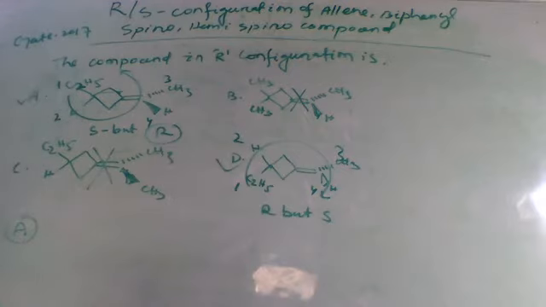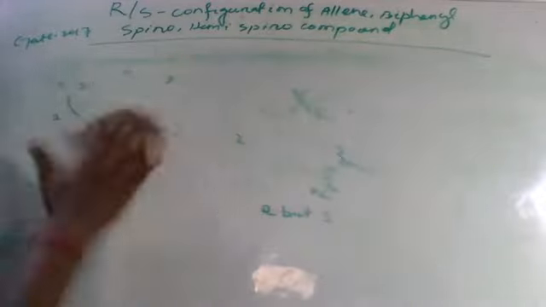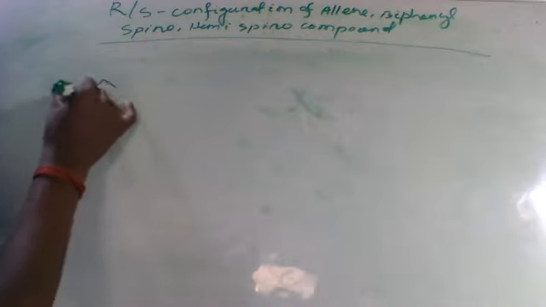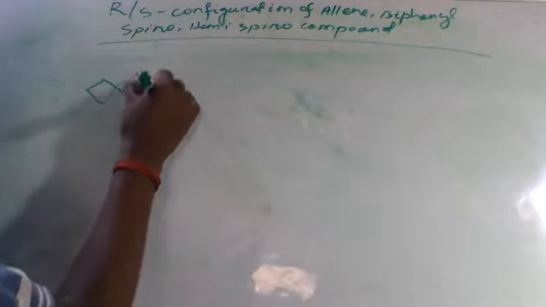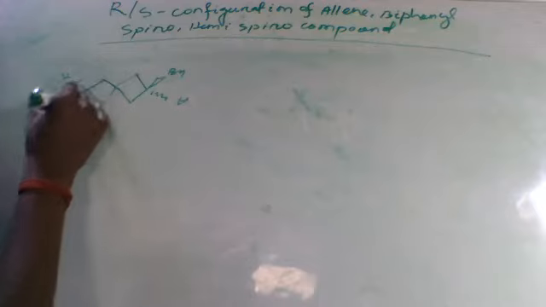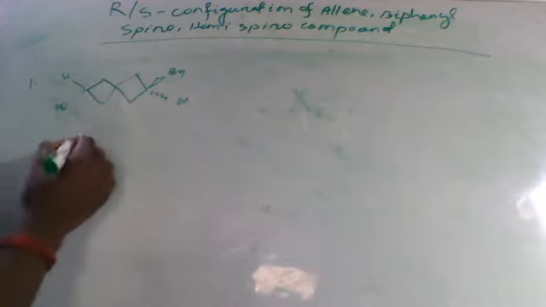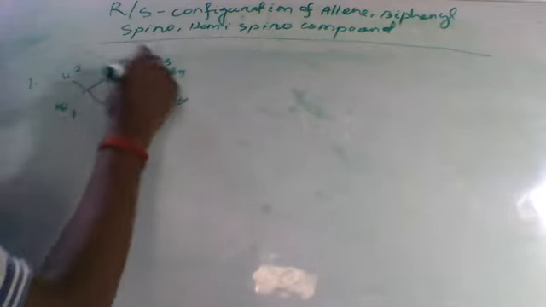We'll see another example, that is a spiro compound. This is Br, this is hydrogen, then this is methyl. This will get first, second, third, fourth priority.